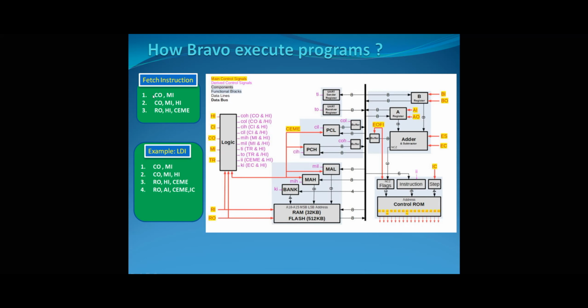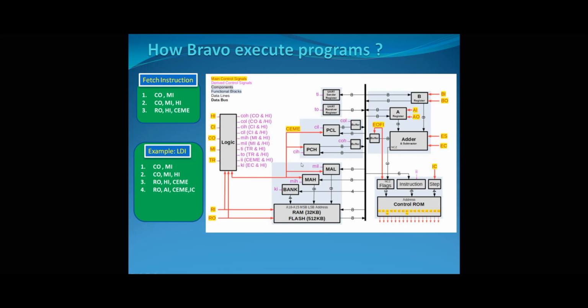So that means that at step 1, we are taking the low byte of the program counter on the bus, and then with the next step, we are taking the high byte on the bus. So we need 2 steps here. And finally, at step 3, what we need really here is just to do a RAM out, and then the HI and CME, as I mentioned here, means instruction in.